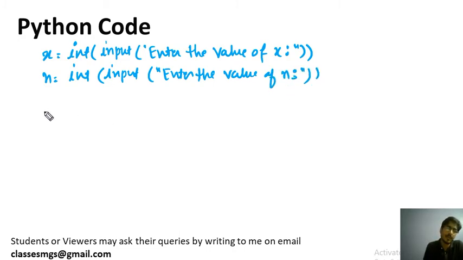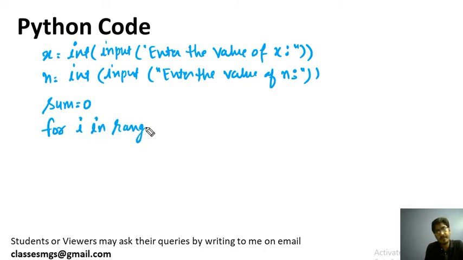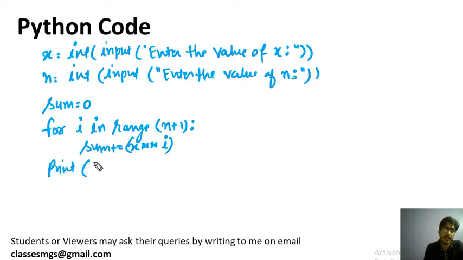Now what we will do, create some variables, sum equals to 0, apply the for loop. You may do it using while loop also. For i in range n plus 1, and then sum plus equals to x double star i, and then print the sum.